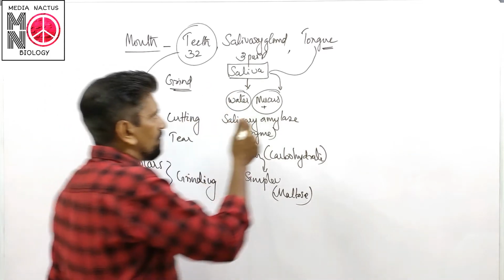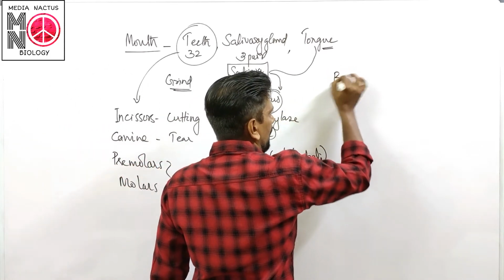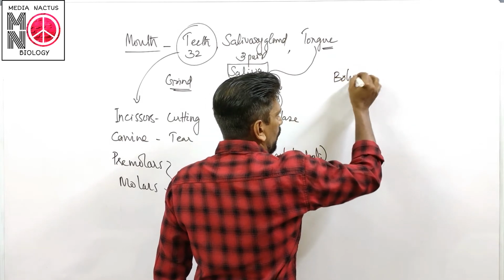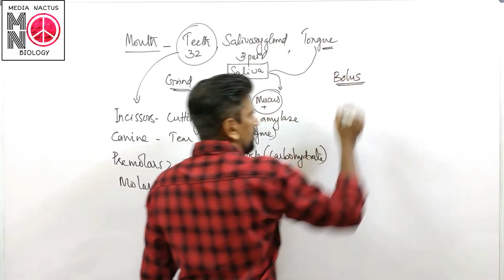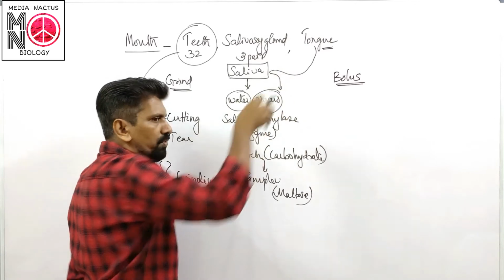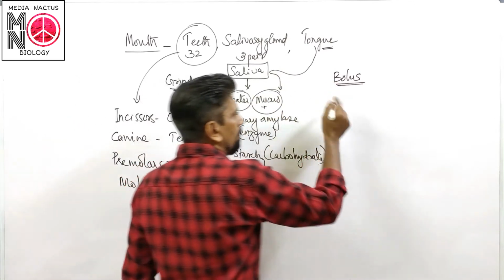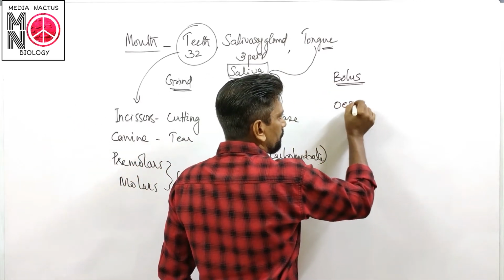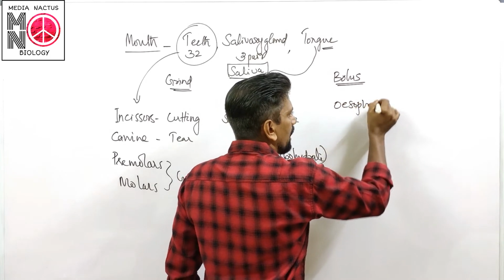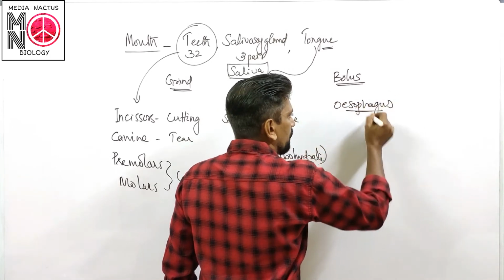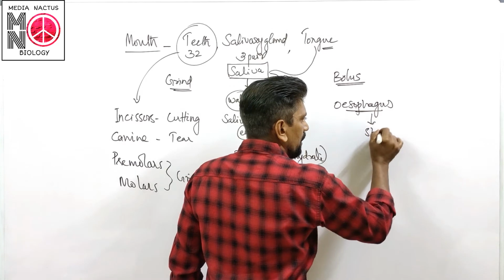Now it is converted into a special type of globule known as the bolus. This bolus moves toward the neck region. From the mouth, the esophagus helps to pass the food toward the stomach.